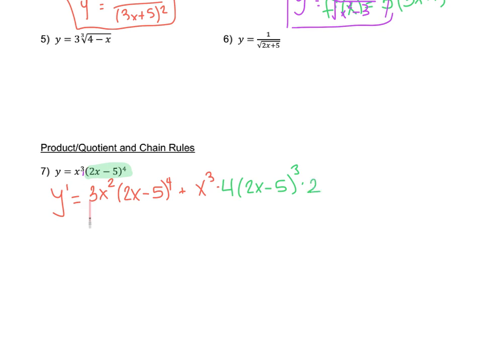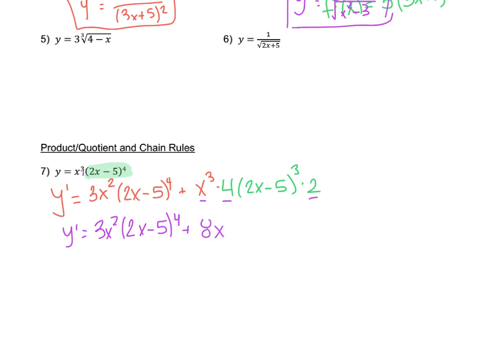So I have this whole first term here, and then my second here that I can simplify a little bit. There's nothing much I can do to simplify this too much. So what I would do is just multiply those two together on the right hand side. So y prime, I'll leave this as 3x squared times (2x minus 5) to the 4th, plus 2 times 4 times x cubed.